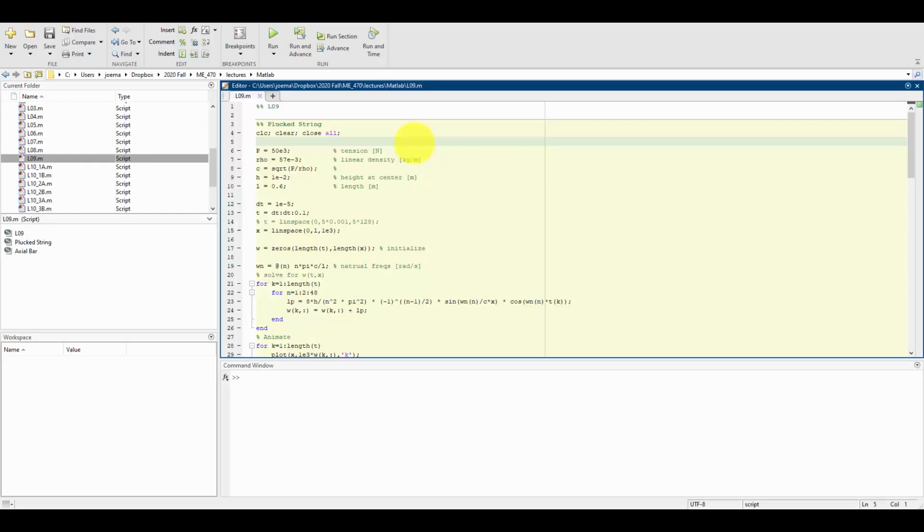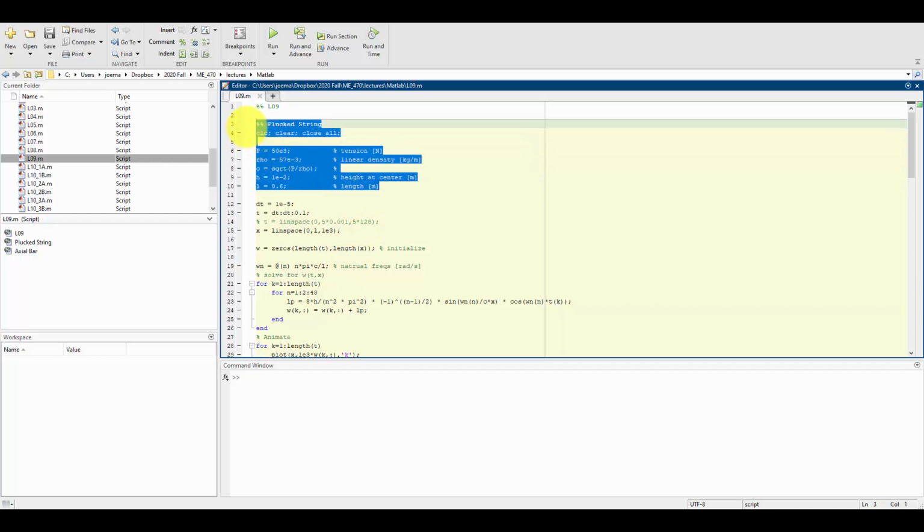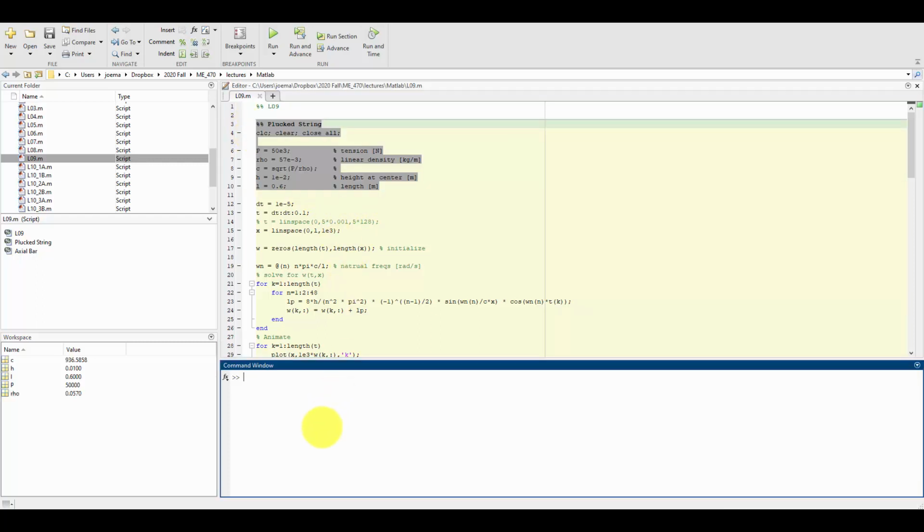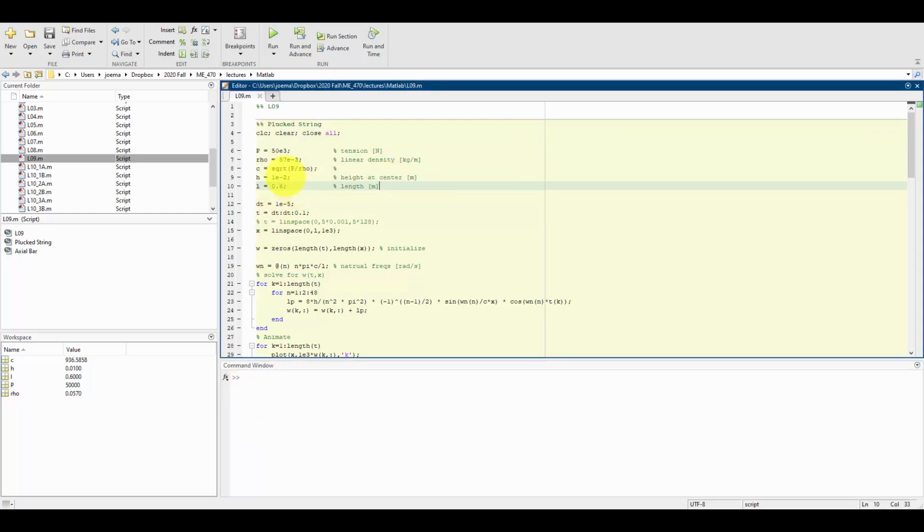Going into MATLAB now, there's still a parameter I did not yet calculate. I'll put in those given values of the tension P, which was 50 kilonewtons, or 50,000 newtons. The value of rho I'm putting into base units of kilograms per meter.